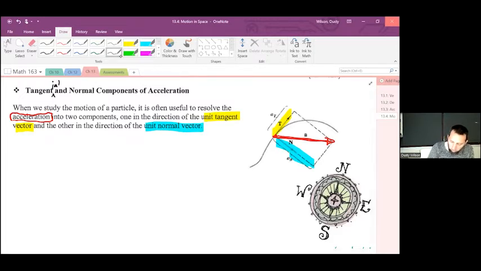We're going to call the length of the part that's in the direction of t the tangential component of acceleration, and we're going to call the length of the part that's in the direction of n the normal component of acceleration. So let's see how we can find a formula for this a_t and a_n, so to speak. So what follows is a derivation.